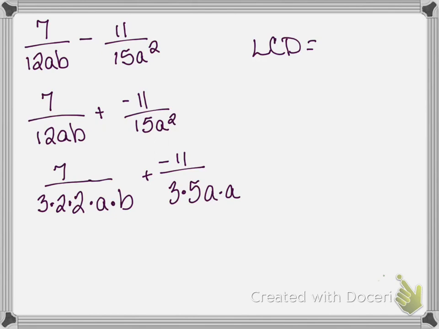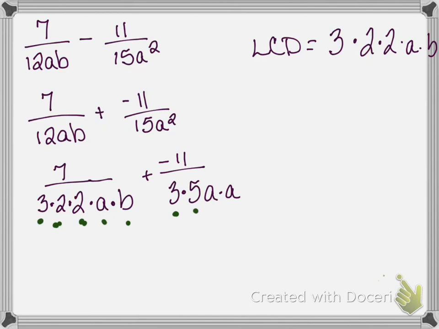So, we're going to deal with my numbers. I have a 3 here. So I'm going to write down a 3. I've got to account for both of those. Think of it as 2 squared, because both of those 2's show up in the same denominator, I've got to write them both down. Okay? Then I have an A, and then I have a B. Now, I've already got my 3.